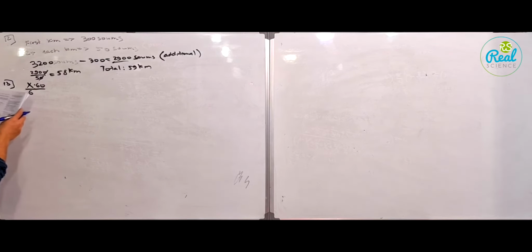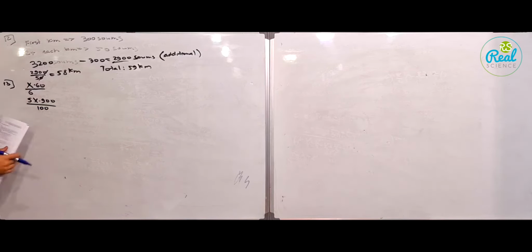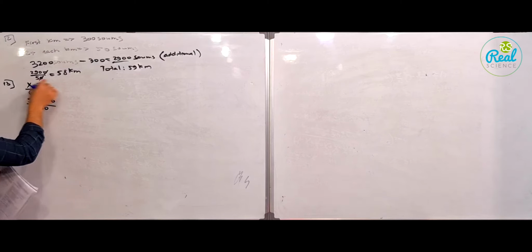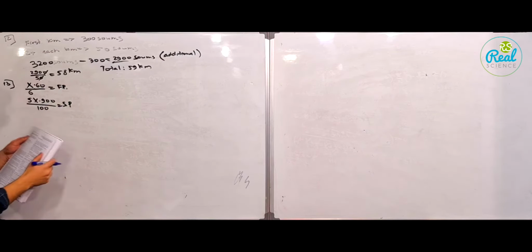And 5 times that number for 900 per 100. So this is the first purchase, this is the second purchase, right?